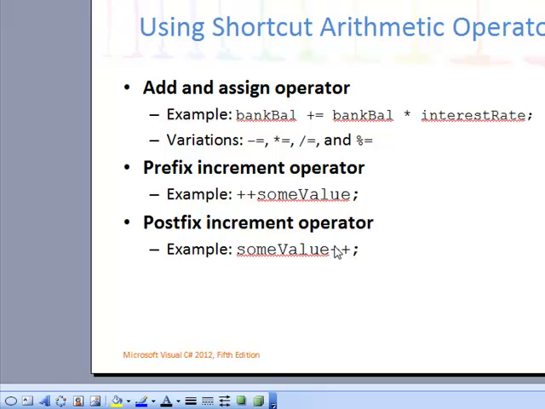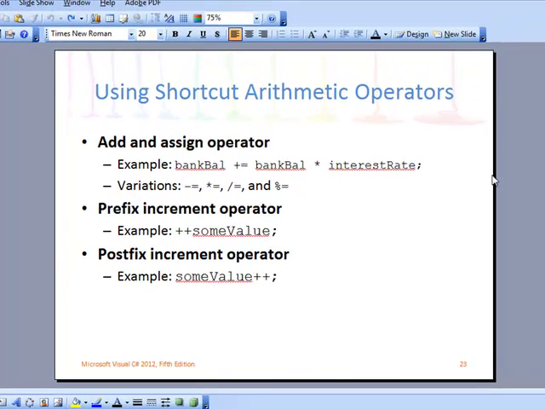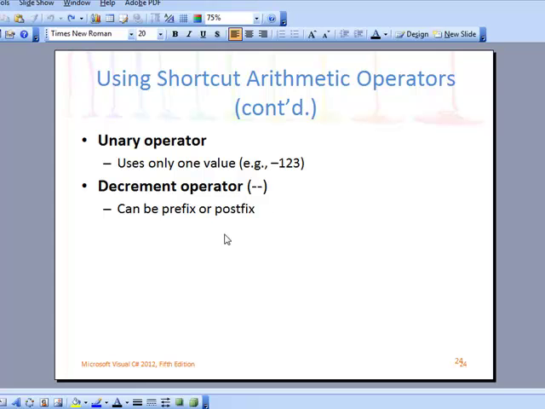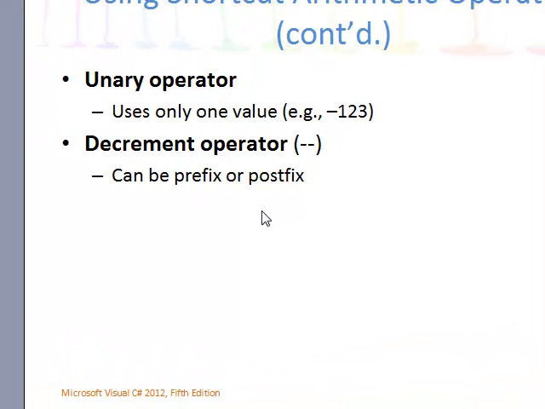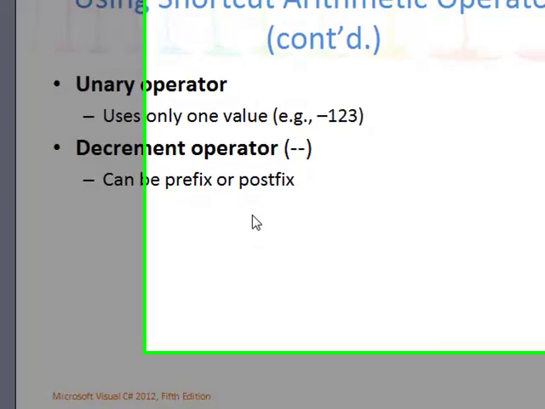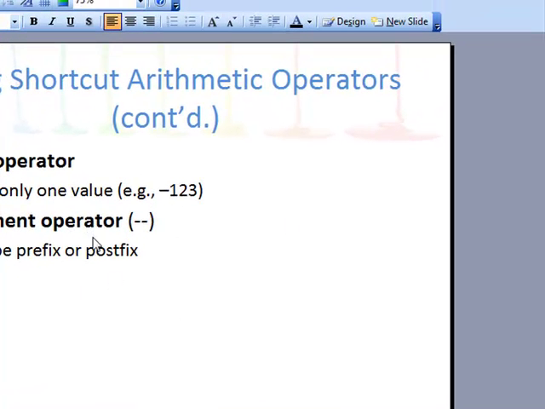The difference is this one will be incremented by 1 as soon as this value is processed. This one will be incremented by 1 after this value has been processed. And with the decrement operator, it's the opposite. Instead of incrementing, it can decrement or go down by 1.